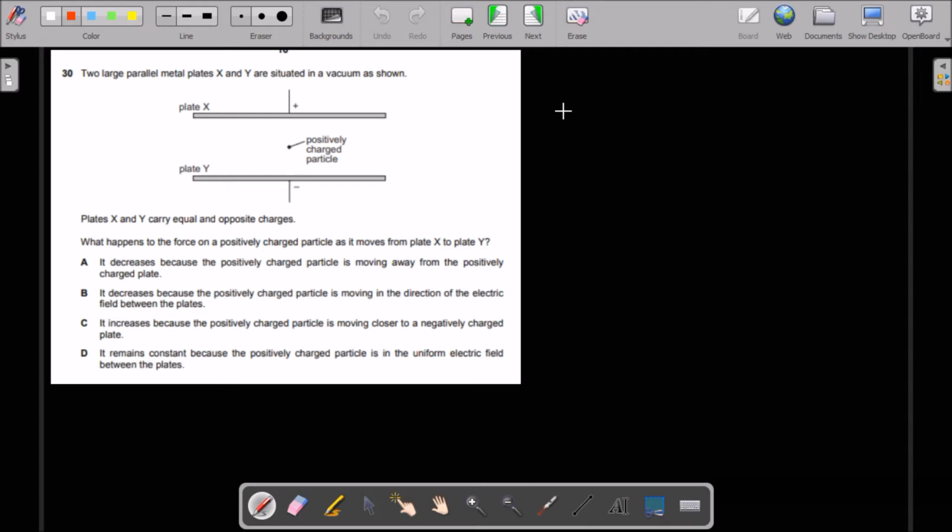Because the electric field is uniform and the amount of charge is constant, the force will remain constant, because the positively charged particle is in the uniform electric field between the plates. That's why the force will be constant. Because of that, D is right.